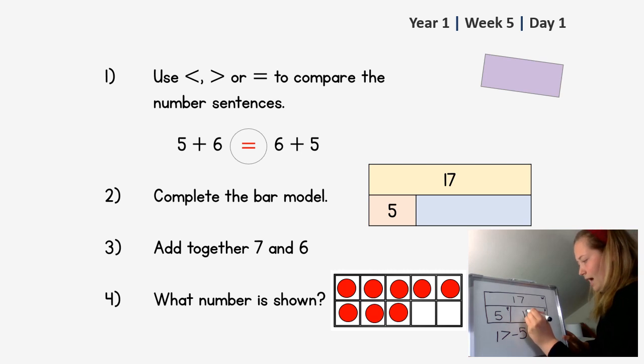Now, I'm going to check this by putting 5 add 12 equals 17. I'm going to put 12 in my head because that's my biggest number, and I'm going to go 12, 13, 14, 15, 16, 17. So I know that that is the correct answer. So your answer is 12. Did you get that right? Right, let's do another question.